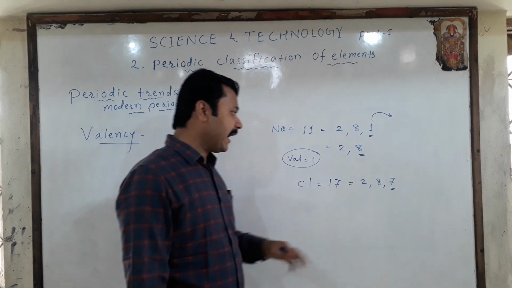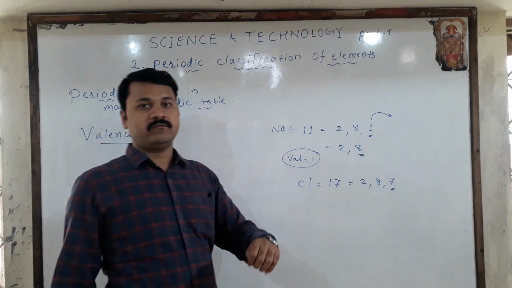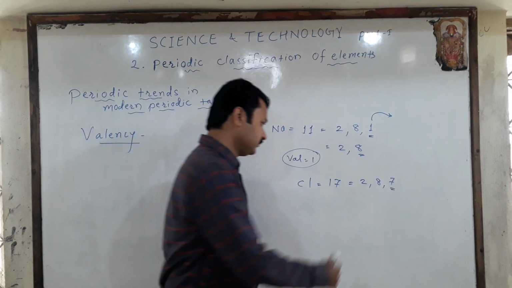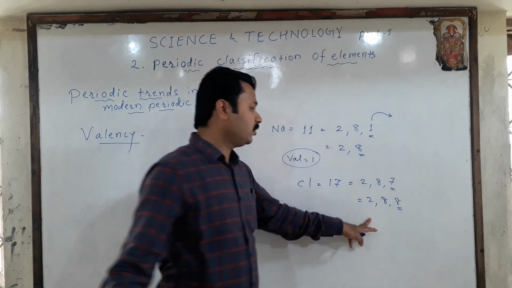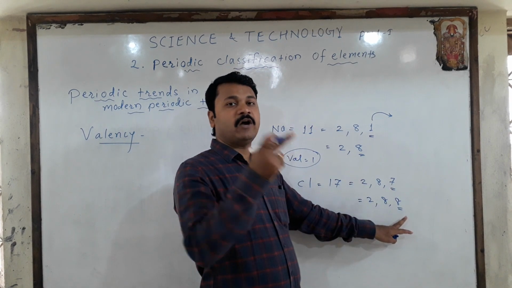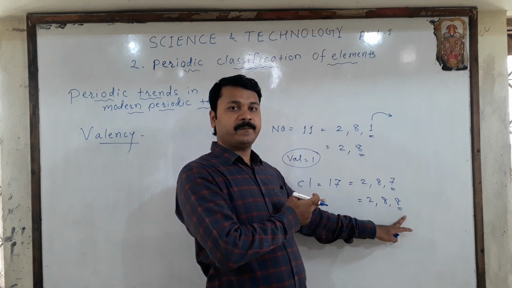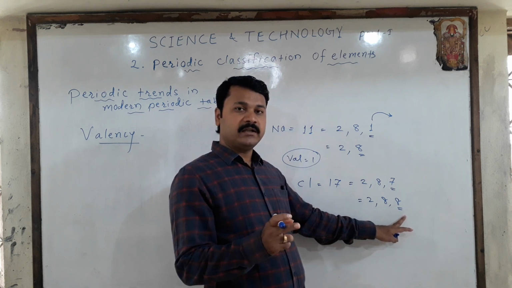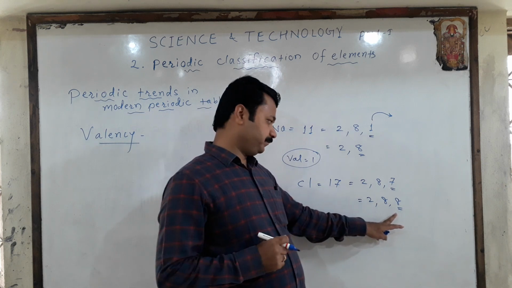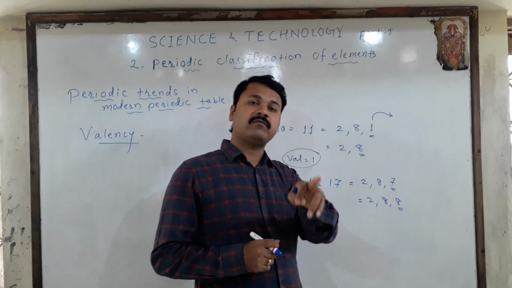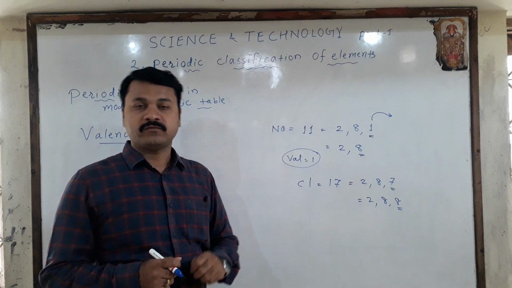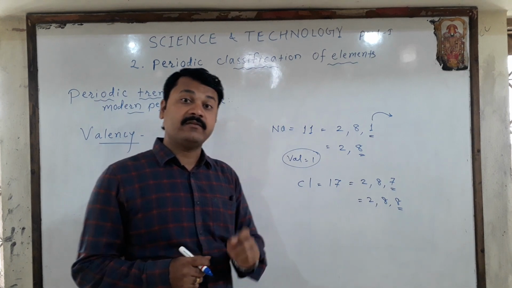So chlorine accepts 1 electron from another atom and completes its octet. Its electronic configuration becomes 2, 8, 8 and its outermost shell has a complete octet. So chlorine has valency 1.